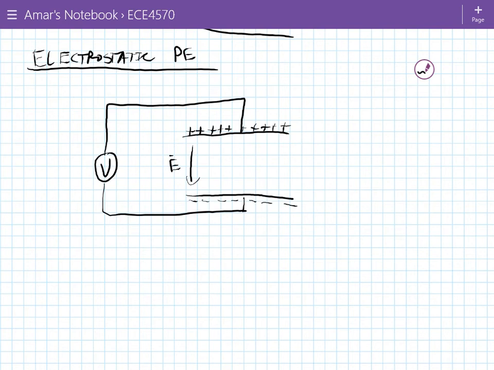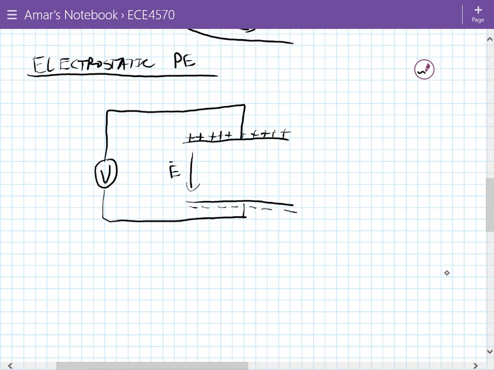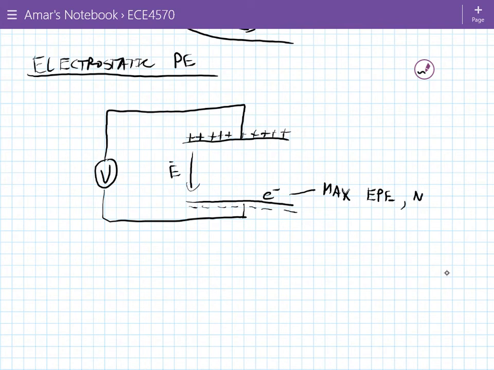Now let's say I put an electron here. What's going to happen to that electron? It's going to move towards the positive. So at this point, the electron has maximum, we'll call this electrostatic potential energy, and let's say it has no kinetic energy at this point.